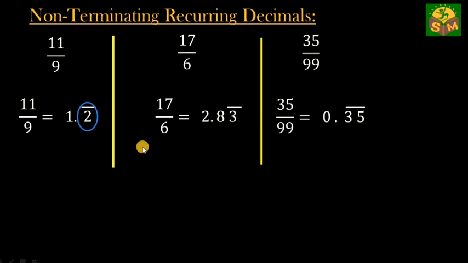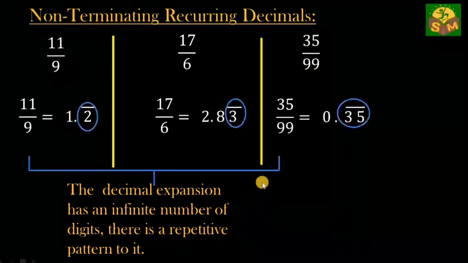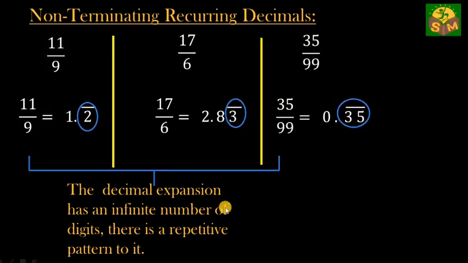And in the second example, the second digit after the decimal point repeats. Here in this decimal expansion, not just one, but a pair of digits repeats. So all these decimal expansions are non-terminating but repeating. And these decimals are called non-terminating, repeating, or recurring decimals.